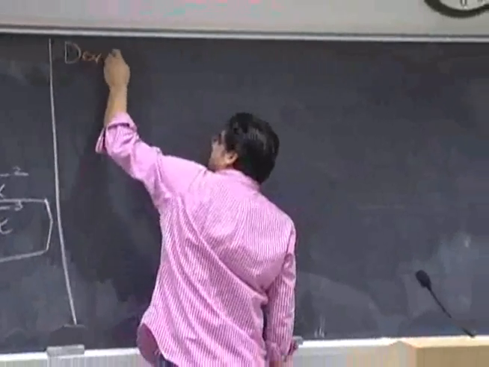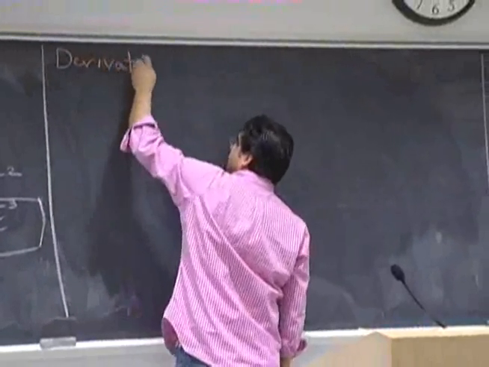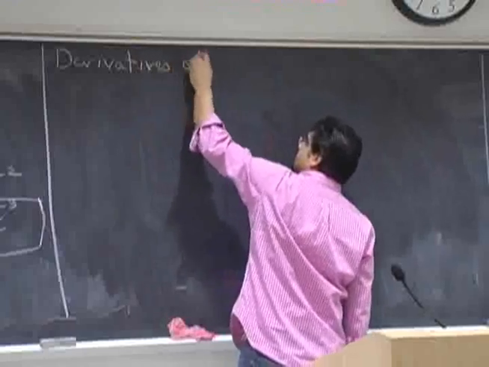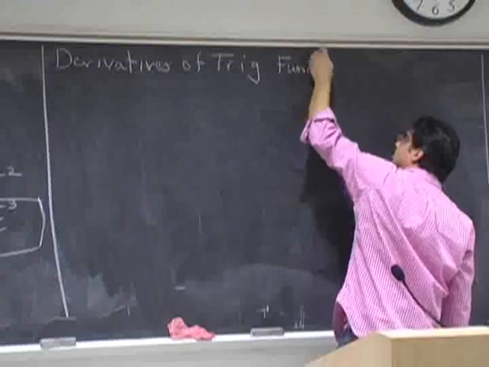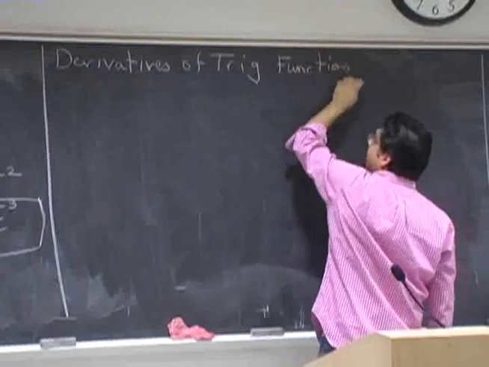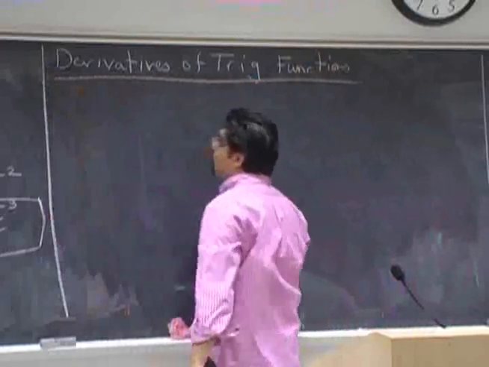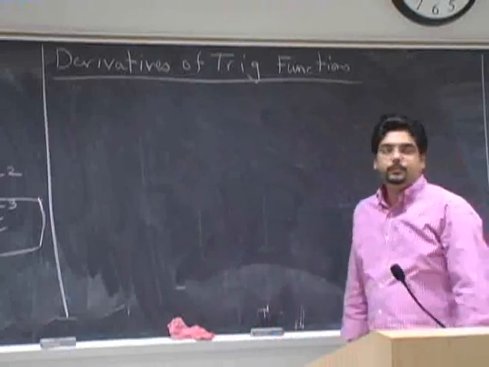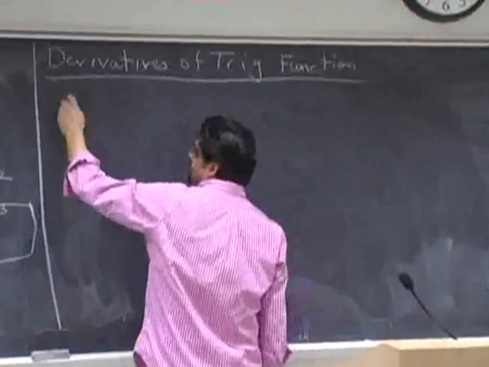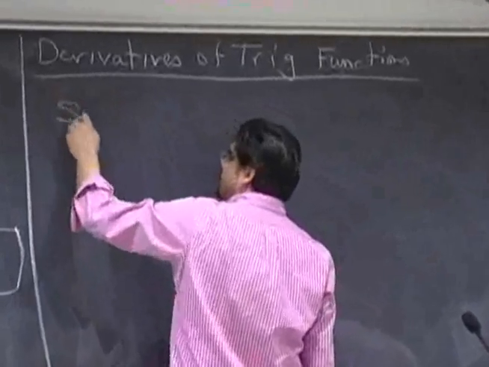The next topic is to learn how to do derivatives of trigonometric functions. We're going to need some trig identities, so let me write it down.